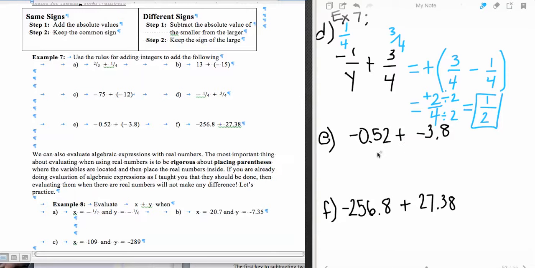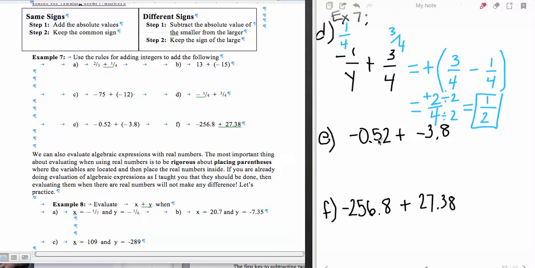All right, moving right along to our decimal problems. Now with decimals, the first thing that we should probably do is recall that when we add and subtract decimals, the most important thing is to line up the decimal places. So just remembering that, I'm going to be showing these in terms of vertical columnar addition.